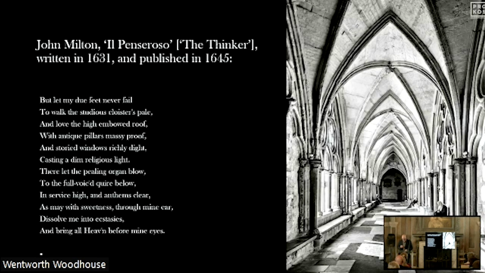There let the pealing organ blow to the full-voiced choir below, in service high and anthems clear, as may with sweetness through mine ear dissolve me into ecstasies and bring all heaven before mine eyes." An almost sacred, though secular, experience of rumination, reflection, melancholy in a ruined abbey.